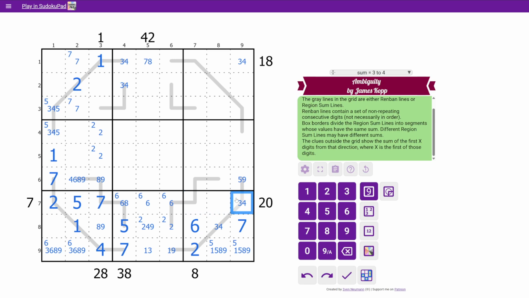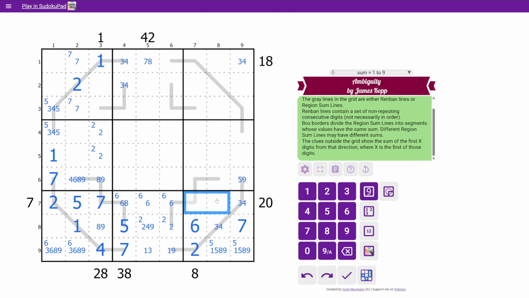If this was a 4, could I make a Rin band work here? This would have had to be the 6. No, I cannot. I cannot make a Rin band here.